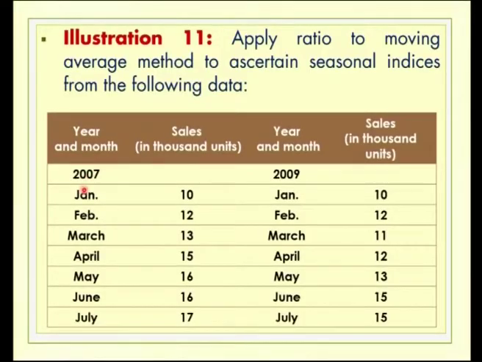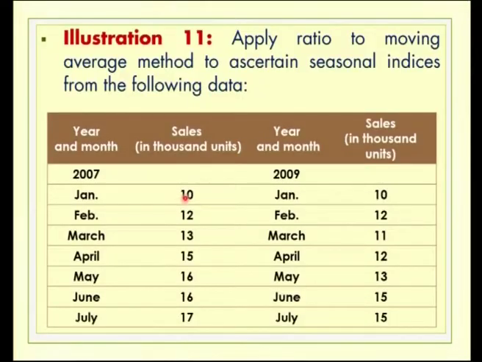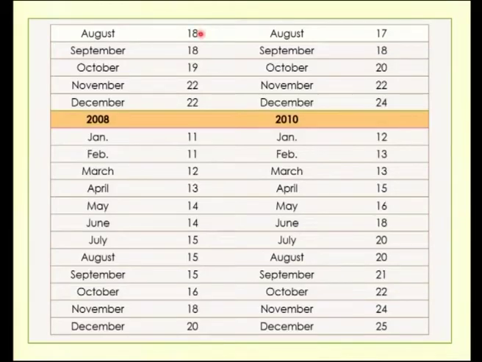The question given is for sales in 1000 units for the year 2007 starting from January, February, March to December. The values for the year 2007 are 10, 12, 13, 15, 16, 16, 17, 18, 18, 19, 22 and 22.